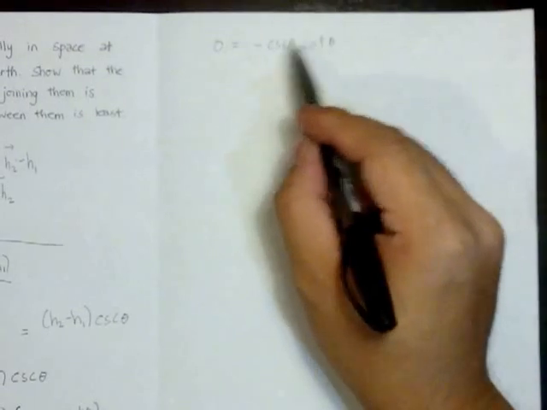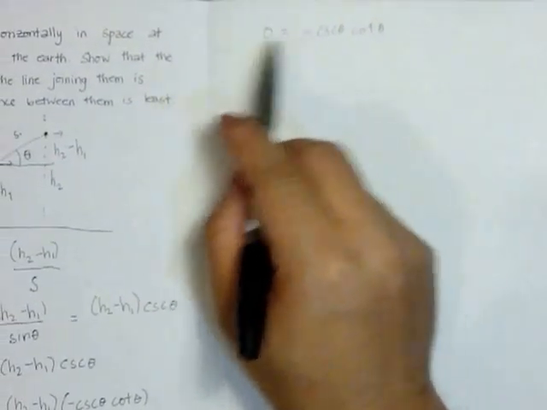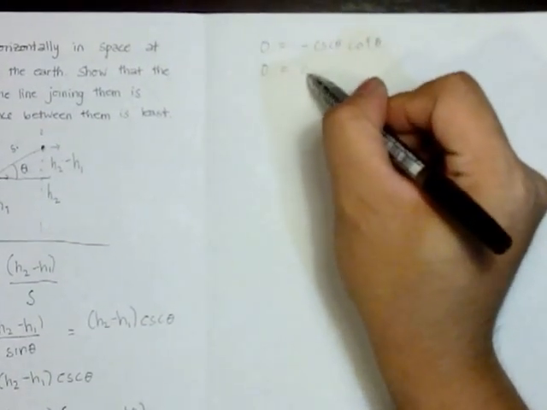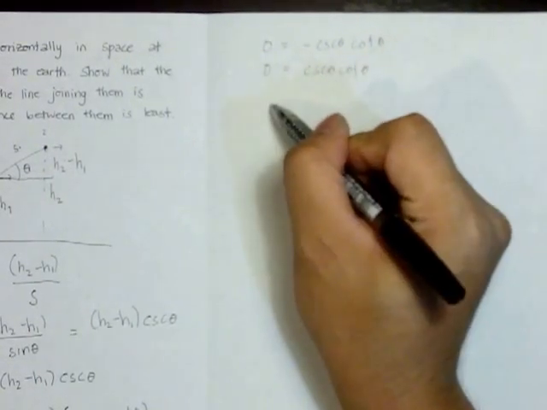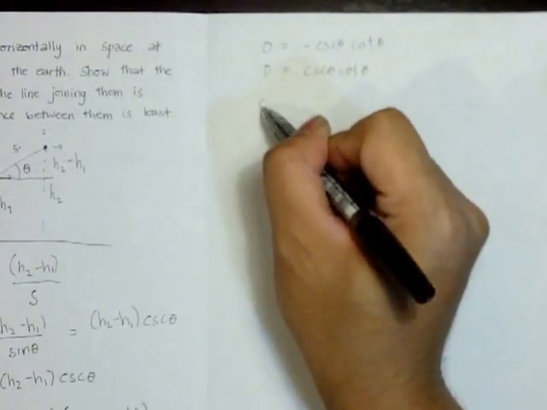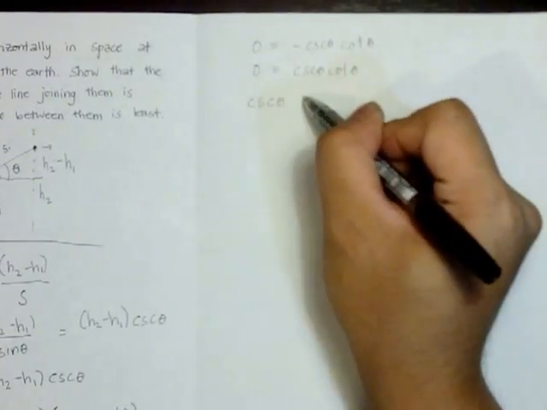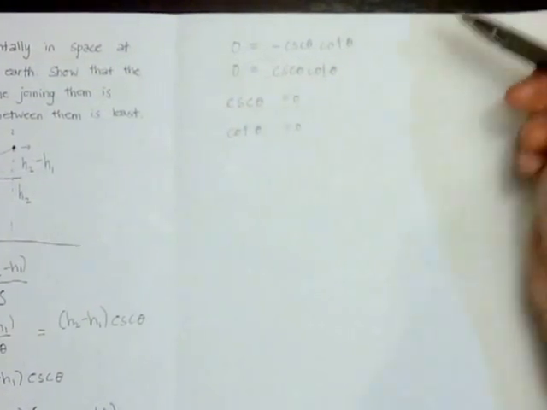From here we can multiply both sides of the equation by negative 1. So this will become 0 equal to cosecant theta cotangent theta. We know that there are two factors here. So we have cosecant theta equal to 0 and cotangent theta equal to 0.